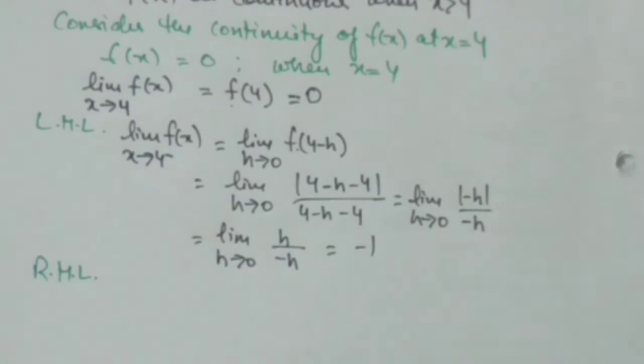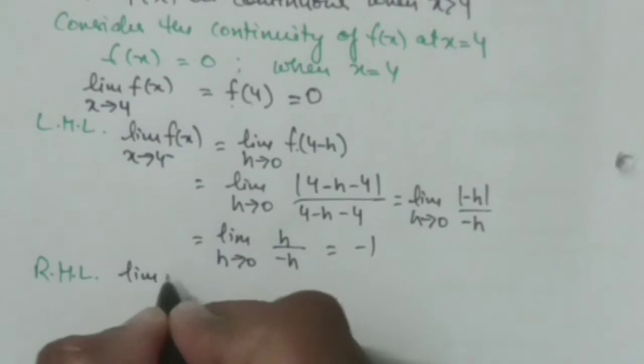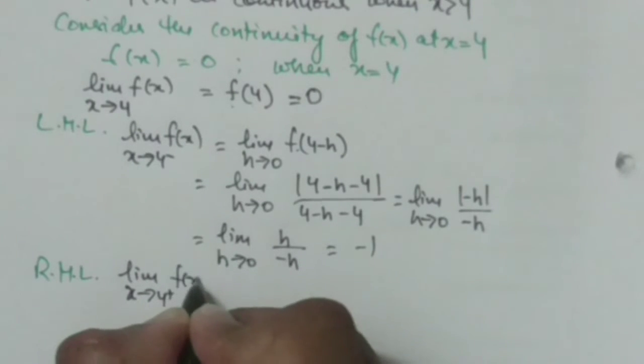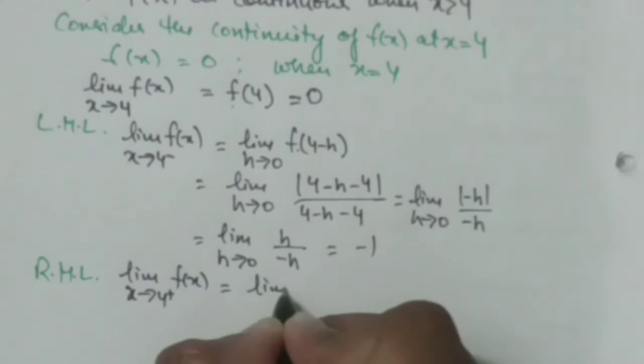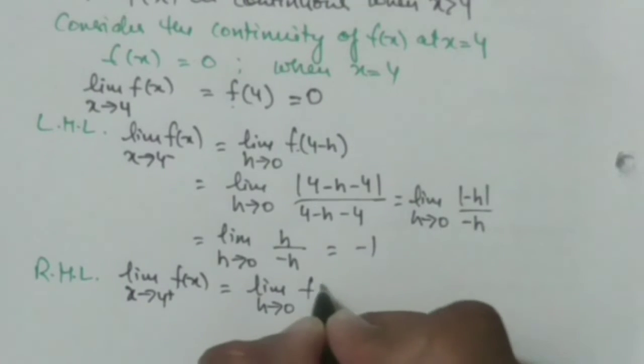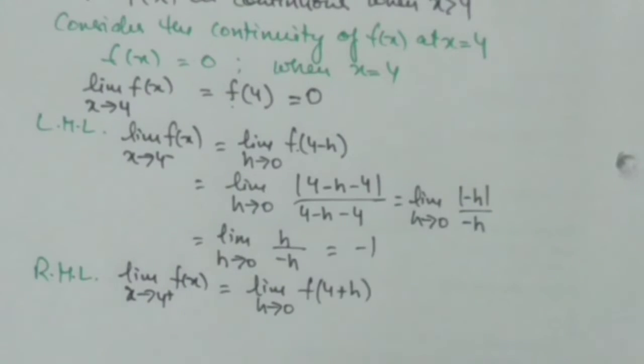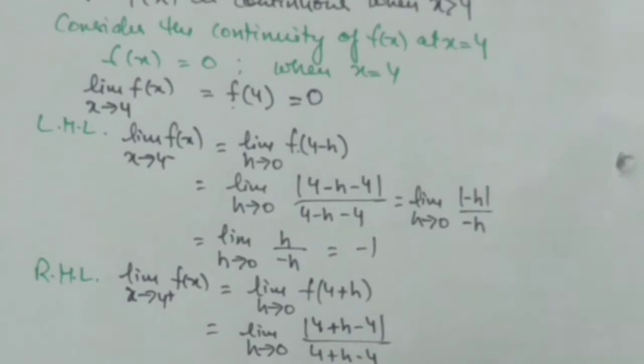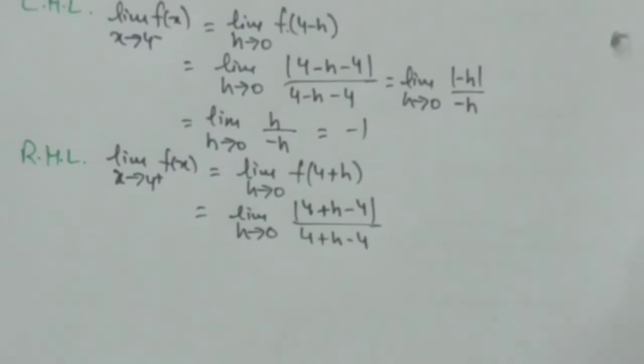Right, so what would be the right hand limit? It is limit x tends to 4 plus f(x), and it is equal to limit h tends to 0 f(4 plus h). So again, according to the definition of f(x), f(4 plus h) will be equal to mod of (4 plus h minus 4) upon (4 plus h minus 4), right?